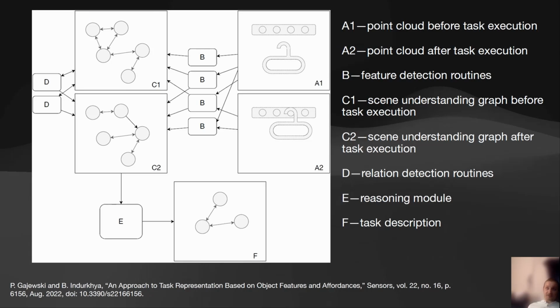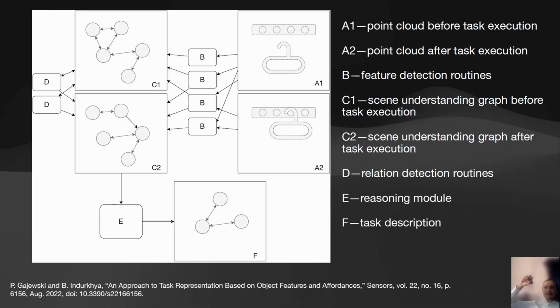From a bird's eye view of how this works: first the point clouds come in, then there is a bunch of independent feature detection routines. They detect whatever they can. Each is specialized; one detects apertures, the other detects edges.